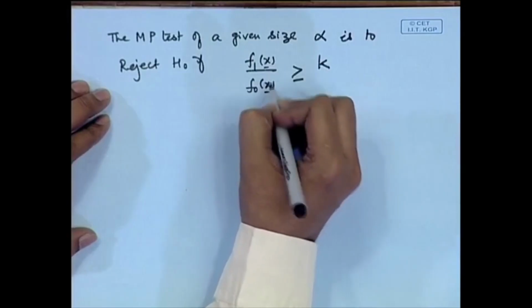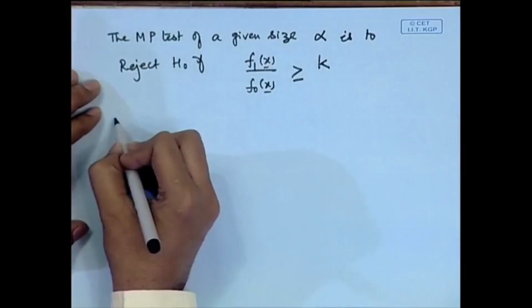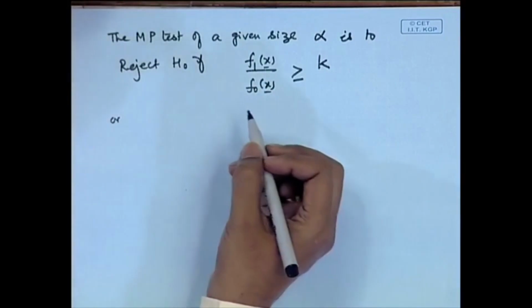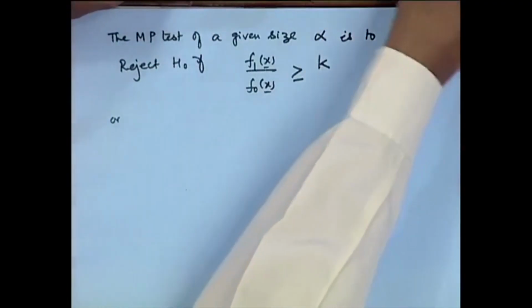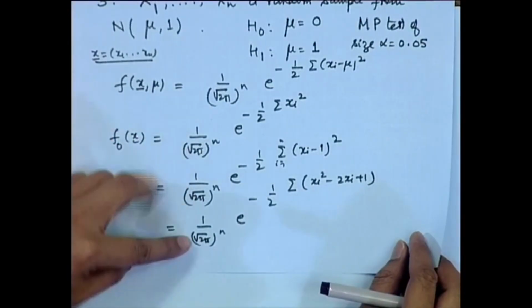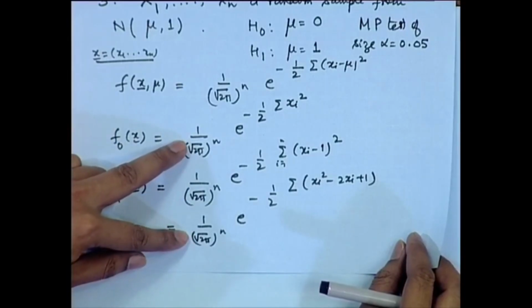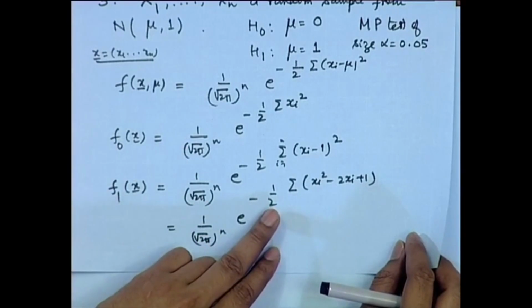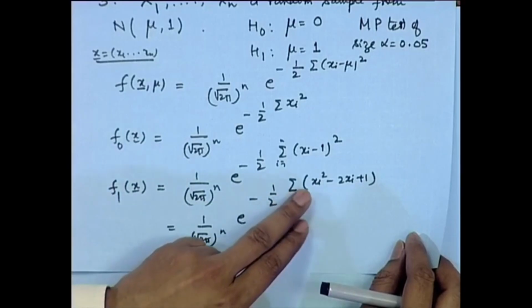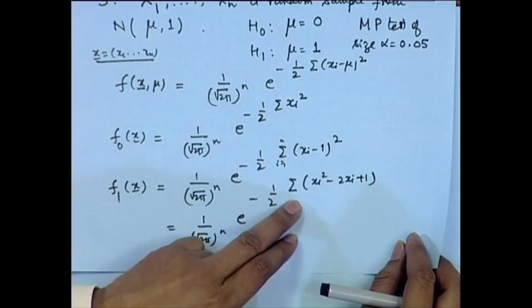So, if we write these functions here now, the f 1 and f naught terms both have the same factor. So, when we write the ratio, this coefficient cancels out, and also e to the power minus 1 by 2 sigma x i square will cancel out.